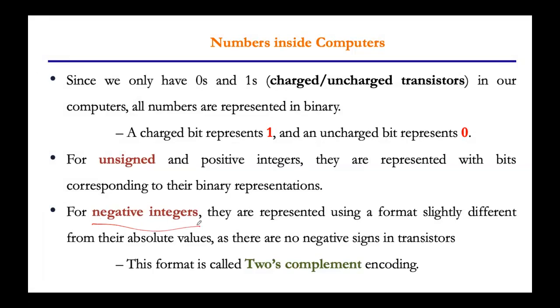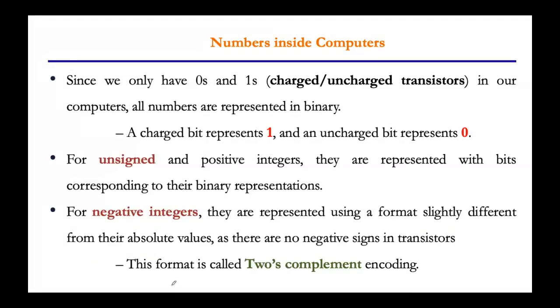This is a simple representation of a positive integer. But what about negative integers? Negative integers means we may write -5, -6, -7. We call this the signed representation. They are represented using a format slightly different from the absolute values, as there is no negative sign in transistors. Transistors can only understand 0s and 1s.